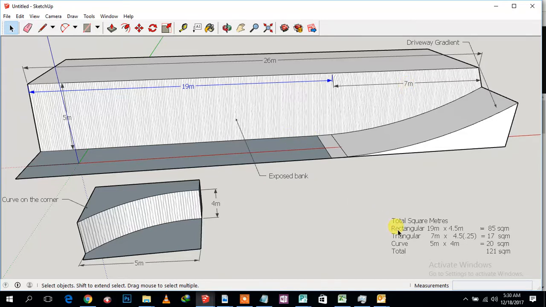So what I've then calculated is, assuming that this is section A of the shape of the bank, sustaining a height of 5 meters. So 19 meters with a height of, let me say 4.5, or we could say 5 meters.